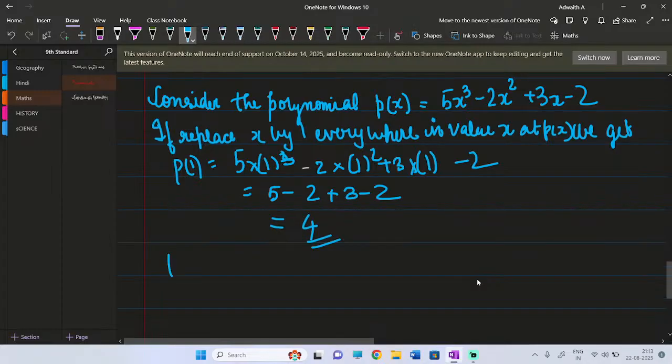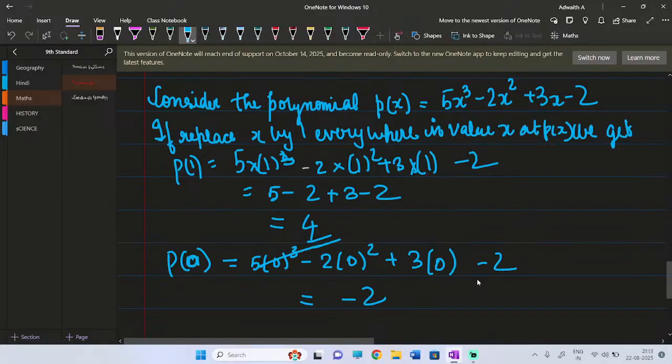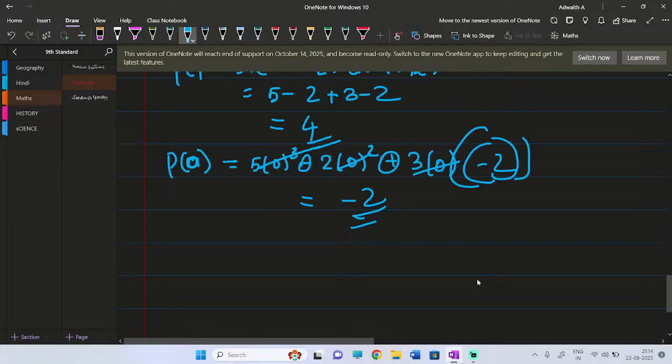So if we replace P of 1 with P of 0, P of 0 is equal to 5 into 0 cube minus 2 into 0 square plus 3 into 0 minus 2, which is equal to negative 2, because these zeros cancel, and only minus 2 remains.